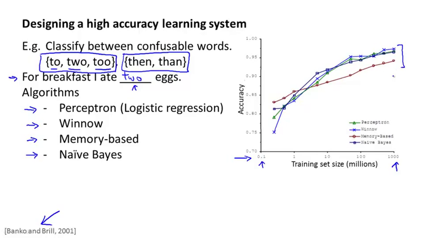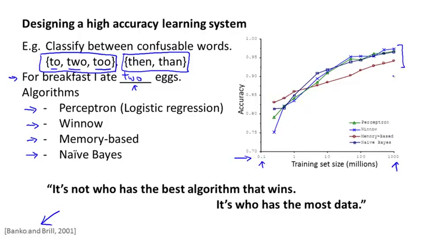And results like these have led to a saying in machine learning that often in machine learning it's not who has the best algorithm that wins, it's who has the most data. So when is this true and when is this not true? Because if we have a learning algorithm for which this is true, then getting a lot of data is often maybe the best way to ensure that we have an algorithm with very high performance, rather than debating, worrying about exactly which of these algorithms to use.